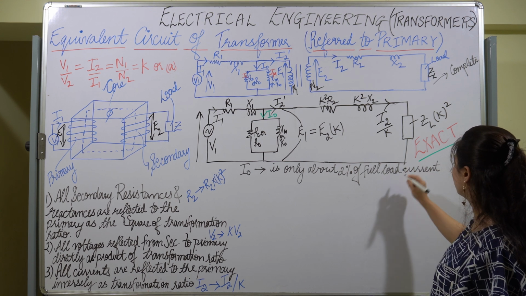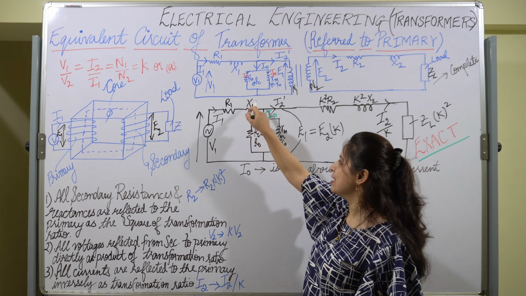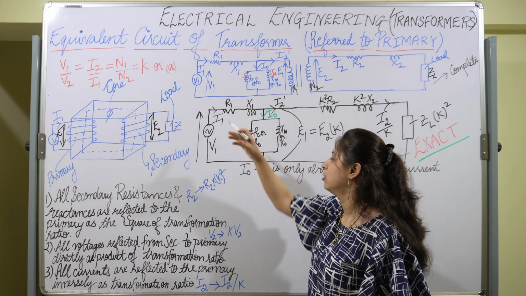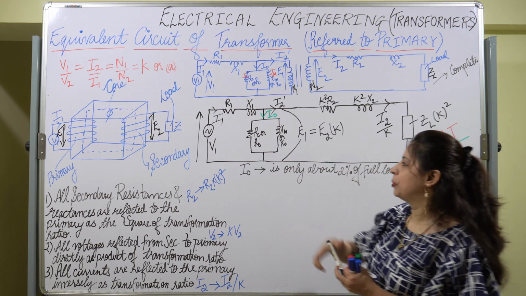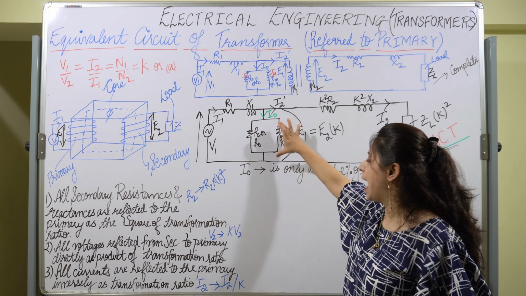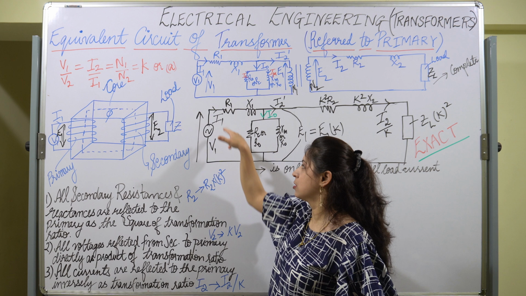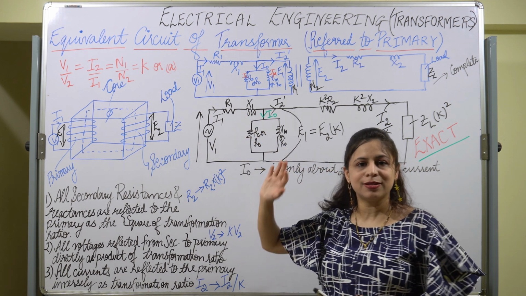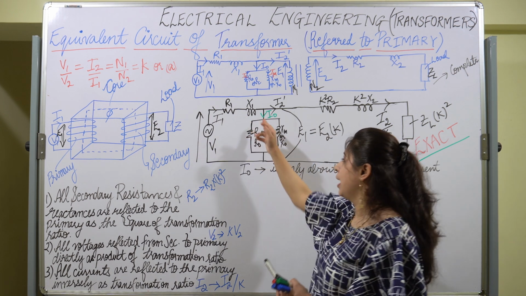And the impedance R1 plus JX1 is negligible on account of no load. So this can be shifted before R1 and X1.